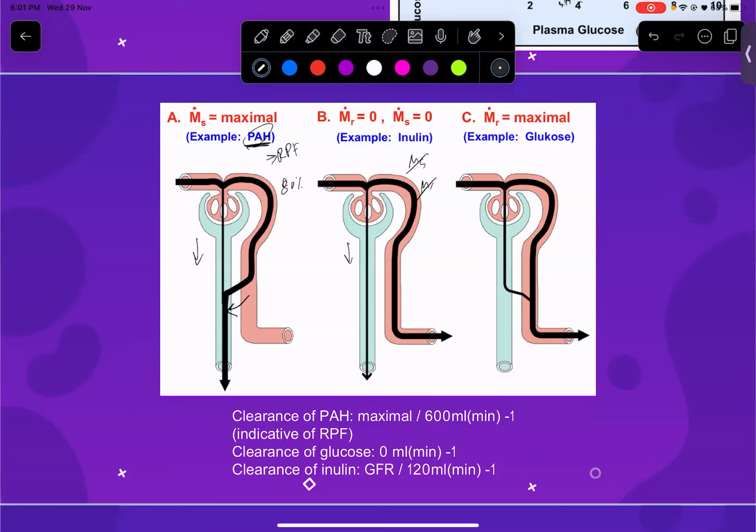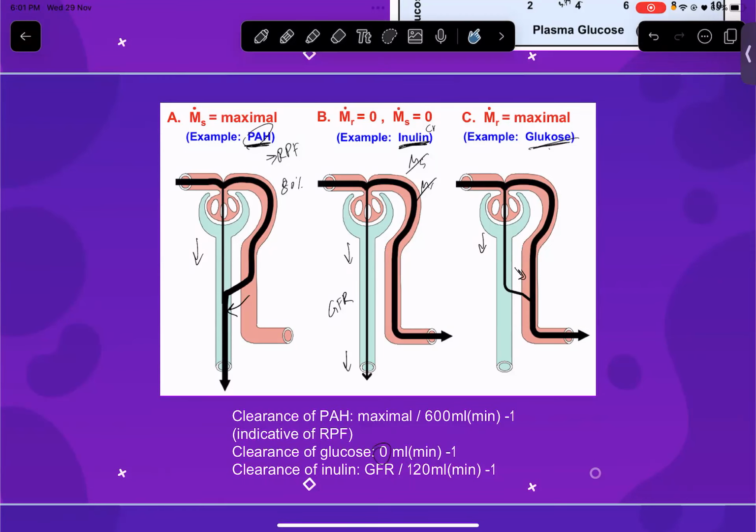Therefore, whatever is filtered is also excreted, and this gives us the GFR. Another substitute for inulin would be creatinine. And finally, we have glucose, which is freely filtered and completely reabsorbed. Glucose and PAH might hit a transport maximum where they are no longer able to secrete anymore for PAH or reabsorb anymore for glucose. Normally the glucose in the urine should be 0. You should not even find glucose in your urine.